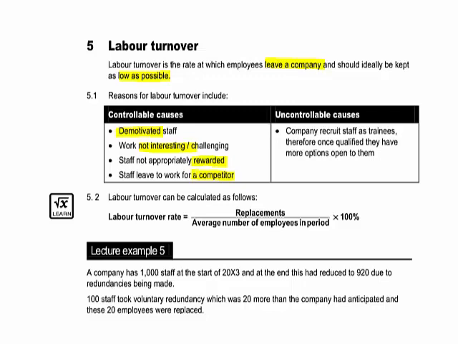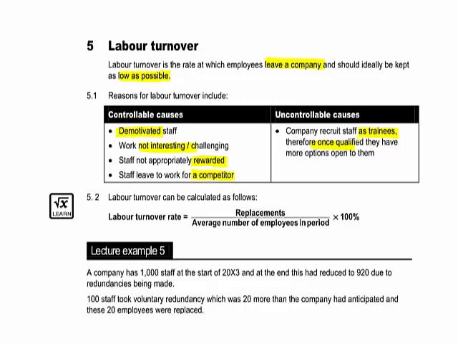We also have uncontrollable causes, so staff then are recruited as trainees and once qualified they will leave, perhaps because they have more options open to them. So when I finished my training contract with an accountancy firm, then I had a lot more options available to me and chose to come to BPP.